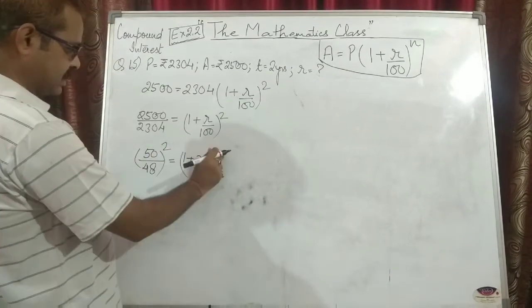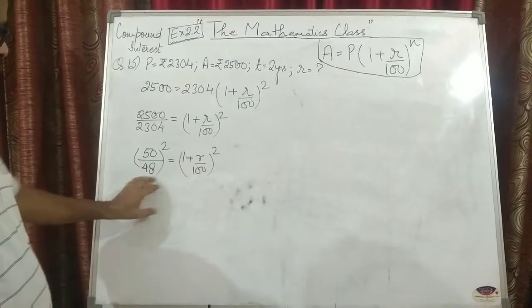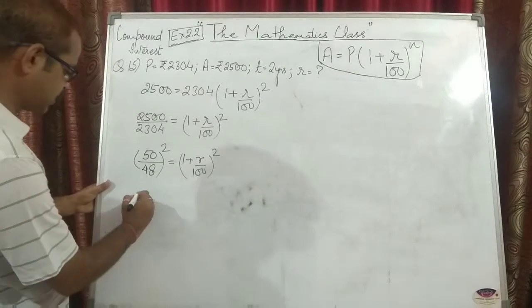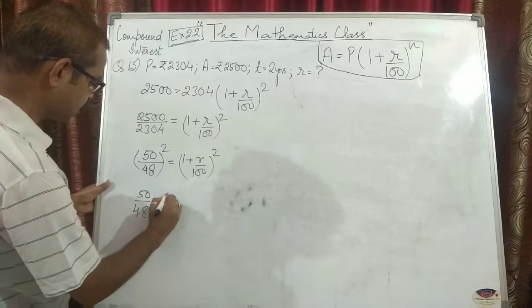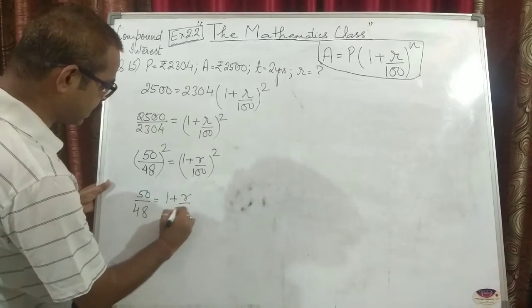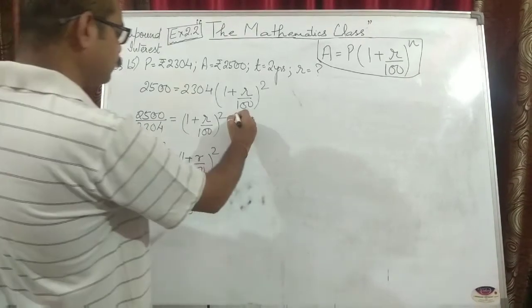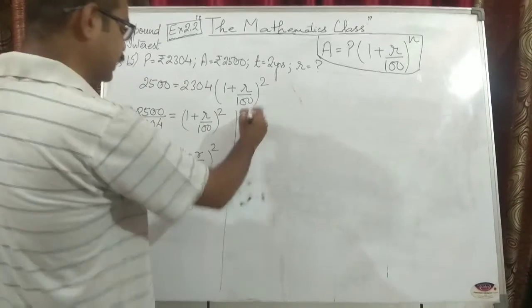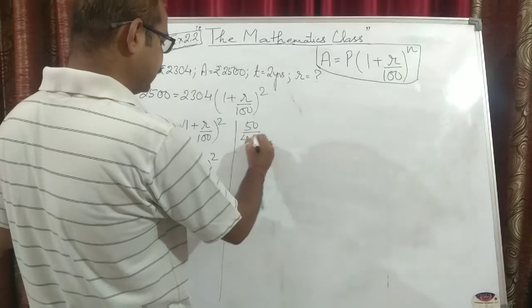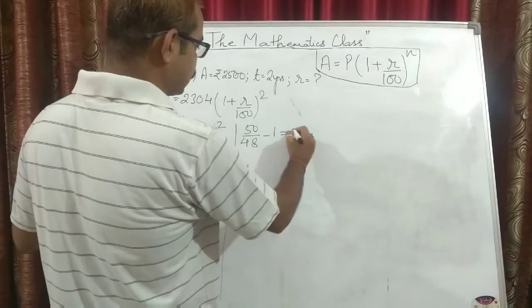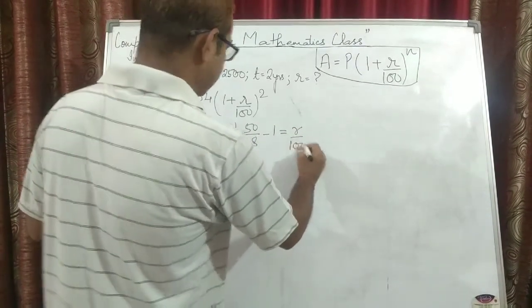Now you can see that these powers are equal, so we can equate the bases. This is 50 upon 48 is equal to 1 plus R upon 100. Now this can be written as 50 upon 48 minus 1 is equal to R upon 100.